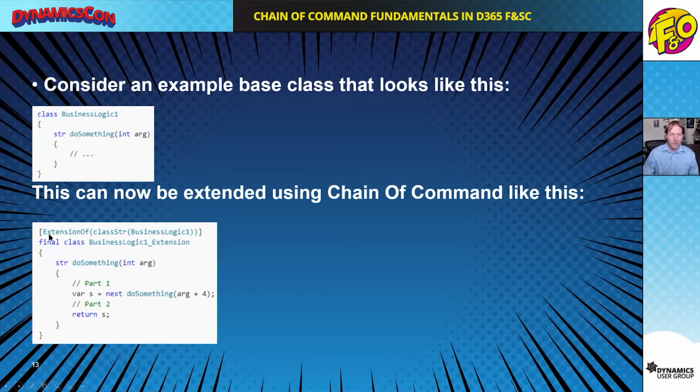First, we need to use this ExtensionOf attribute and tell the system about our new class and what base class, table method, or form data source method, any of those, that we are adding code to. And what's going to change is this little function right here. Right now we're saying we're extending a class string, and we're actually telling it the name of our class, BusinessLogic1.